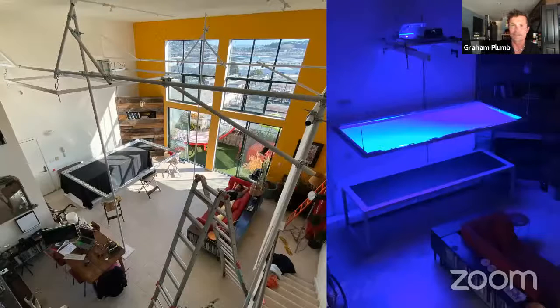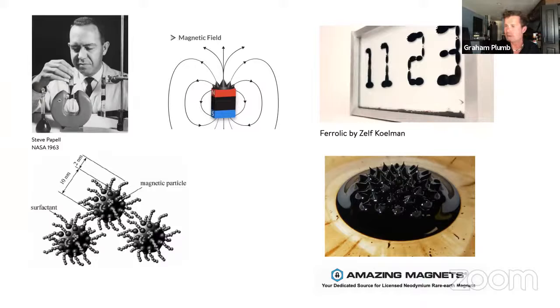Moving on, that's the reality of the situation. That's my apartment with a scaffold there right now, and I've just enlarged the screen so you get a better reflection in there, and there's a projector up above it. So very briefly, the material is ferrofluid.